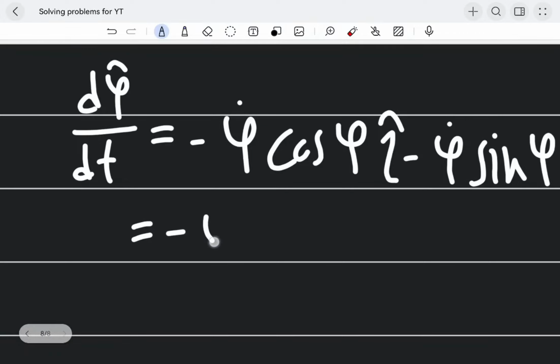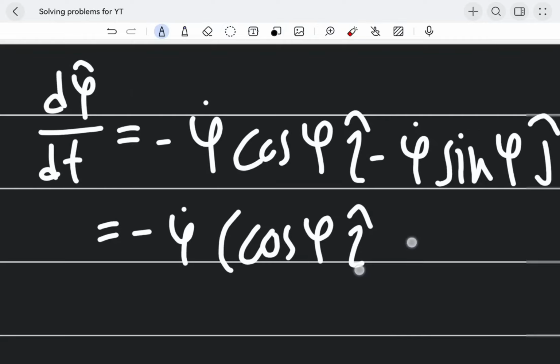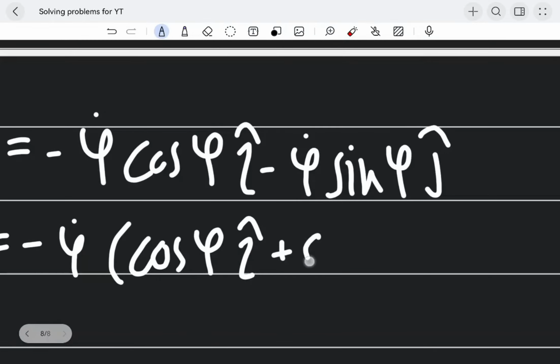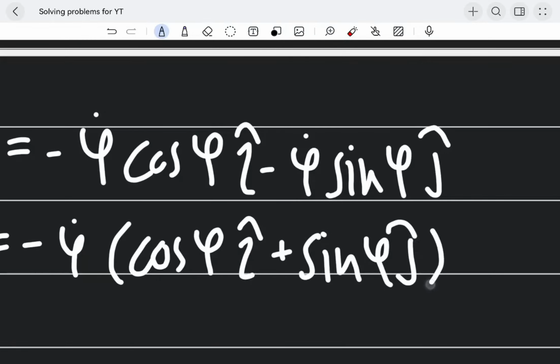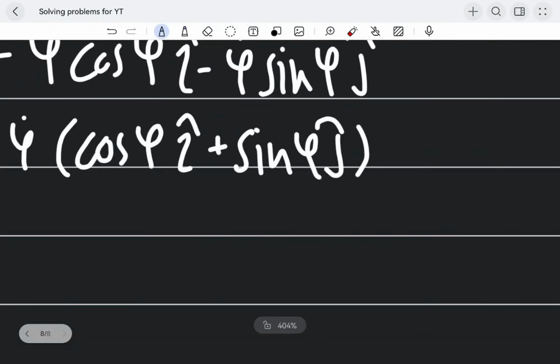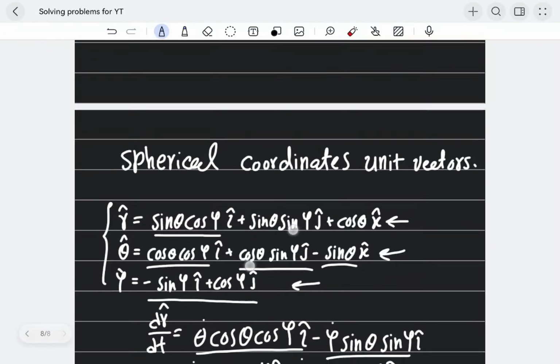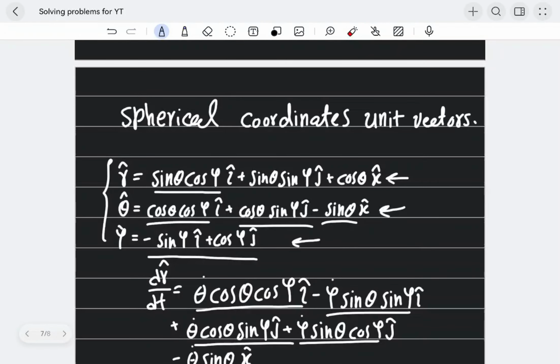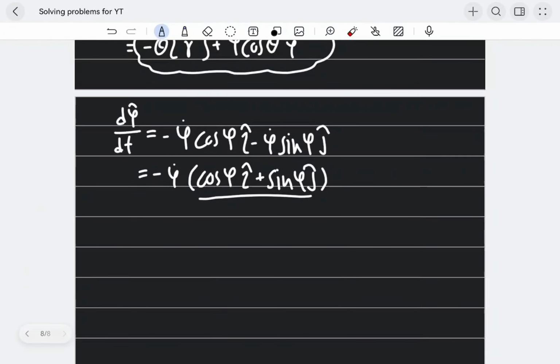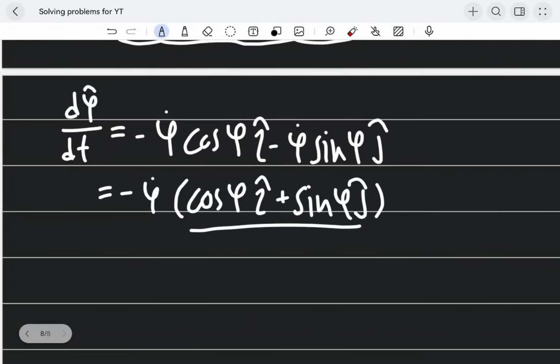We can take minus phi dot as a common factor, and we will see that weird expression here. We want this expression to be in terms of r hat, theta hat, phi hat. But this thing is not similar to any of these. So we are doing a trick to find this expression in terms of the spherical coordinates unit vectors.